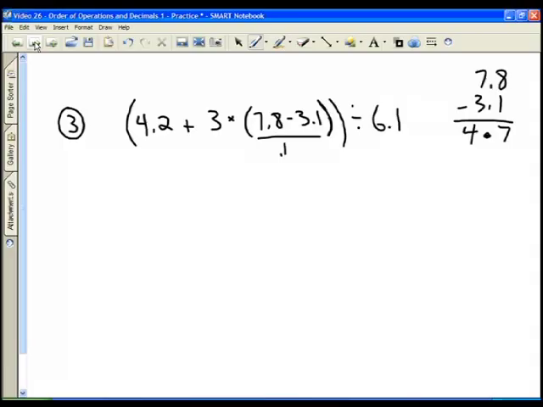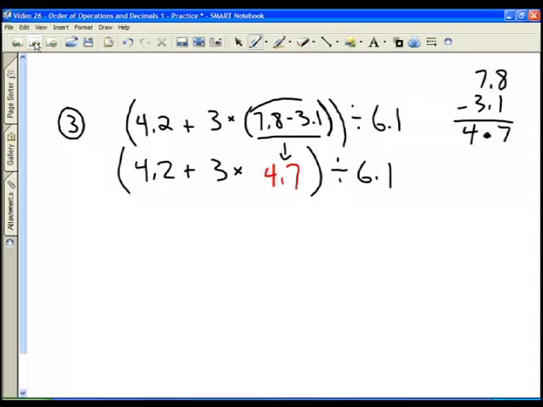So this will turn into 4.7. And I've got 4.2 plus 3 times 4.7, and those are all still in big brackets and then divided by 6.1. So when you have two sets of brackets, it's really important to work inside out.